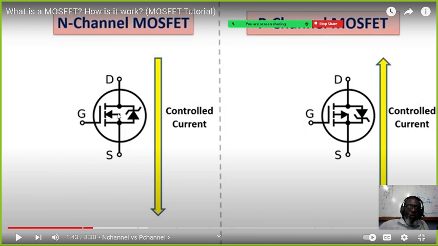So the arrow is pointing toward the gate for the N-channel, but for the P-channel it is pointing away from the gate. So for the NPN transistor the arrow is pointing away from the base, but for the N-channel MOSFET the arrow is pointing toward the gate. If you remember, it was the opposite in JFET.